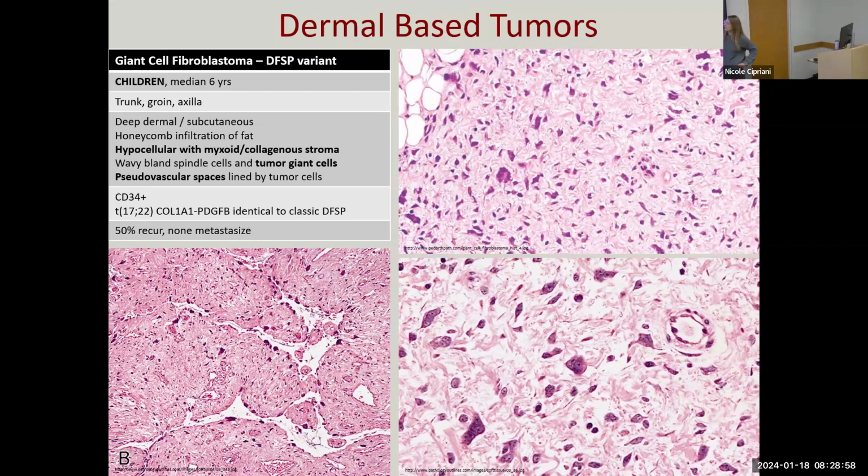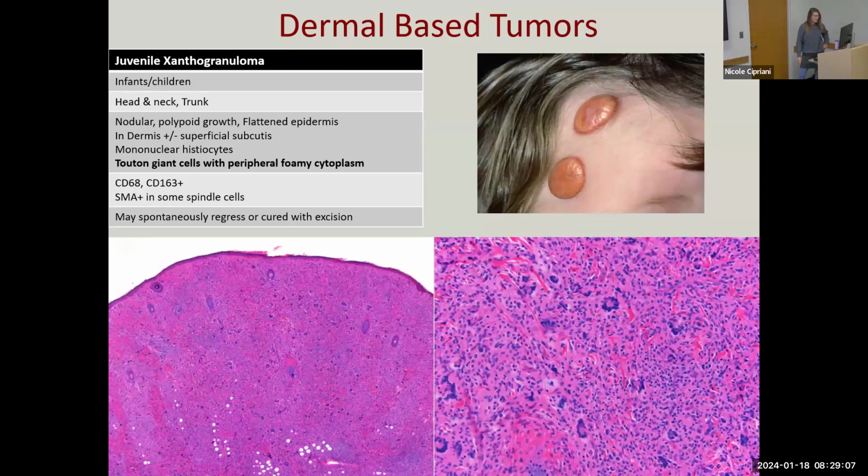Similarly, they can recur but not really metastasize, but they're generally in young kids and they have the same staining and genetics. Kids can also get juvenile xanthogranulomas, which are these orangish, raised patches that are just characteristic, right?